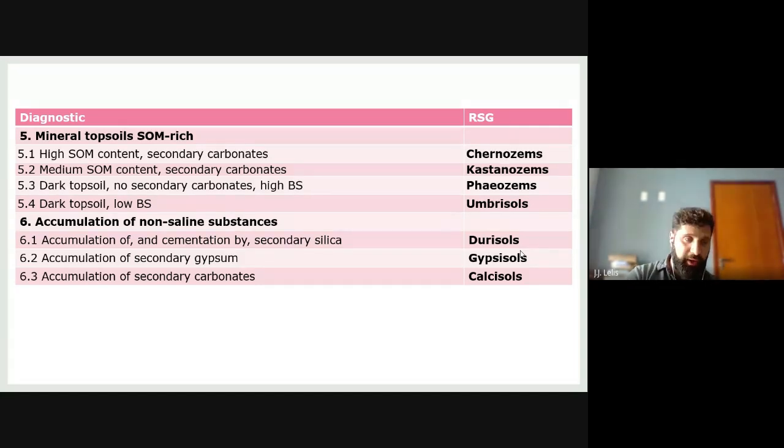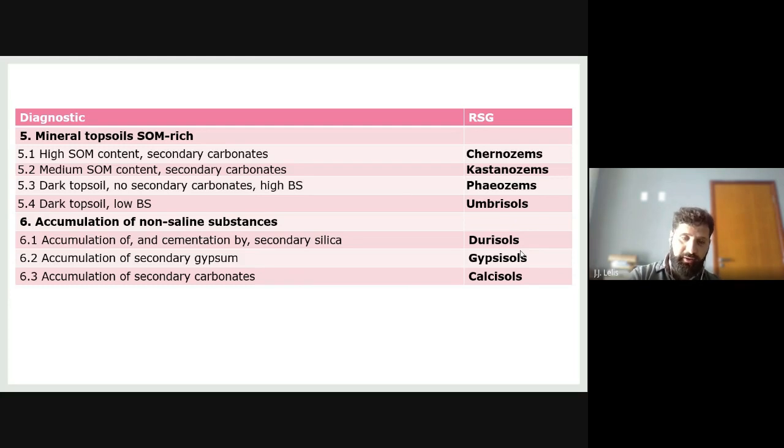Because of the weathering, in some dry areas, we can find a high pH, and this high pH intensifies the weathering of some primary minerals and some silicates, and the silicates could migrate from the surface to the subsurface horizon, and in the subsurface could cement a horizon and create a cemented layer. And these kinds of soils, we call them durisols.